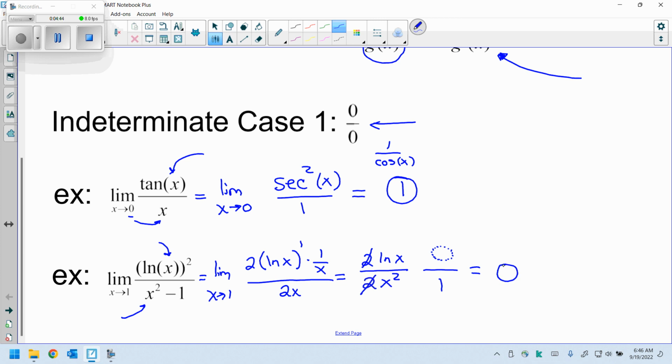And whether we were approaching 1 from the left or 1 from the right, either way, I'm getting really close to 0 on top, and I'm getting a 1 on the bottom. So I think we're getting 0 for that one. So that's how we're going to handle that indeterminate case 0 over 0.